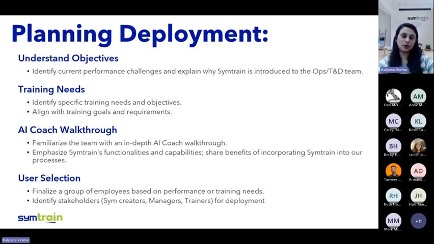Once you have identified the objective, for example, you have a recruitment company, and the recruitment team is not able to identify the good number of questions they should be asking. Maybe they do not have enough time to question the team, and they have 100 agents and want to complete the target of 100 agents, but they're not able to do it. That's where SymTrain can help, as they can get all the questions done with the help of sims.